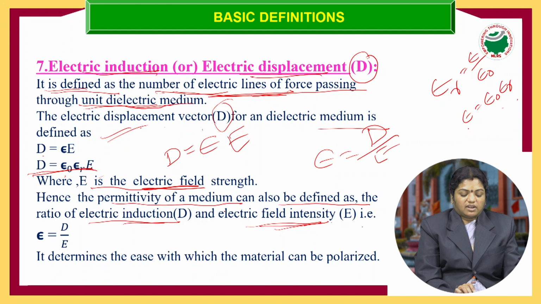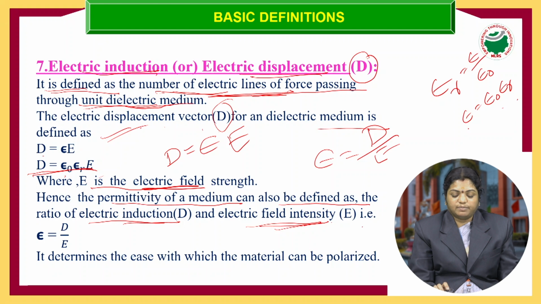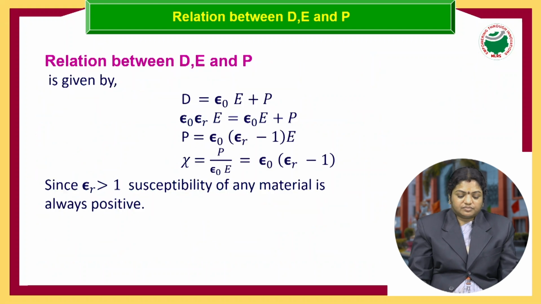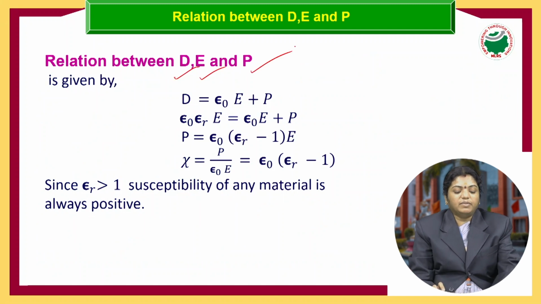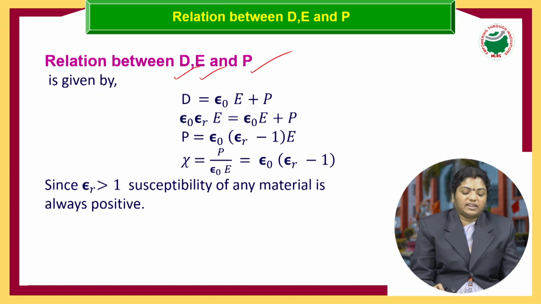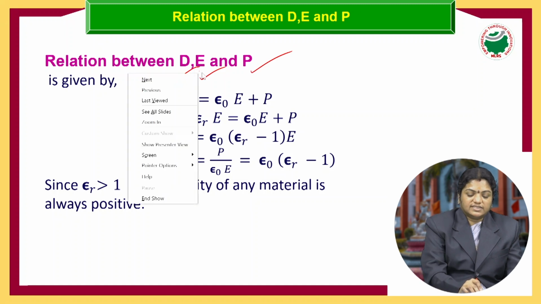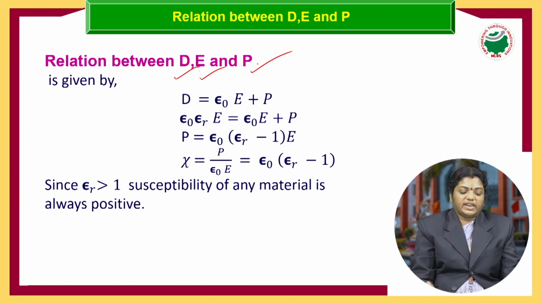So this is about the electric field induction, or the electric displacement. This is a very important definition. And the relation between D, E and P: D means electric displacement vector, E is the electric field strength, and P is the polarization.